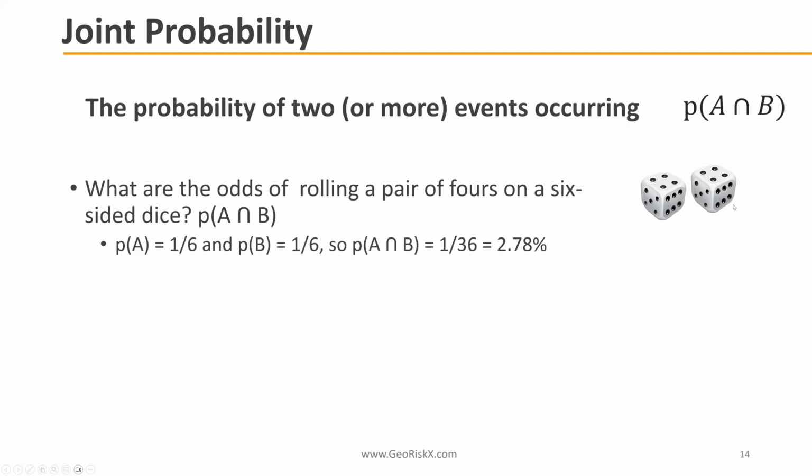The probability of the second dice being a 4 is 1 out of 6. So the probability of A and B occurring is the product of those, so 1 out of 36. So given 2 dice, you have just under a 3% chance of success.